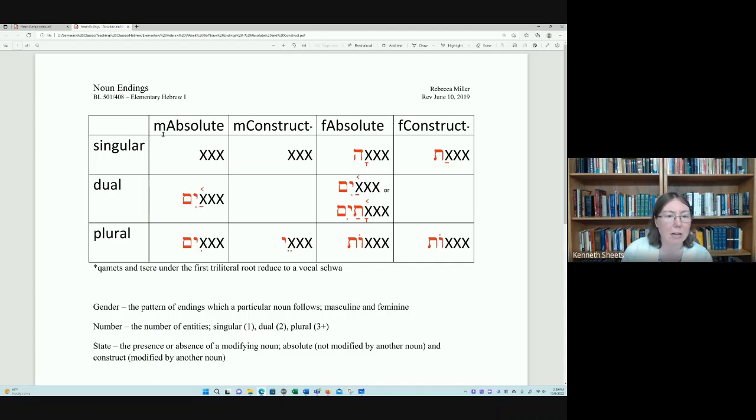Then we have the masculine dual absolute, which attaches ayim, and then masculine plural absolute, which is im. I'm not worrying about the construct column at this moment. Coming over to the feminines: feminine singular absolute, a; feminine dual absolute, ayim or athayim; and then feminine plural absolute, oth. So those are the noun endings.